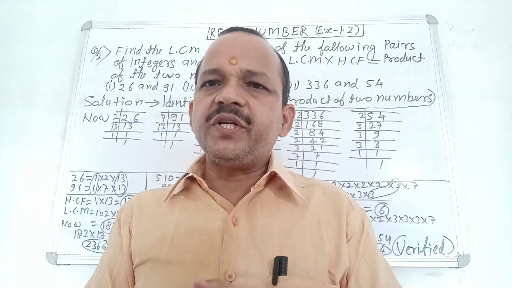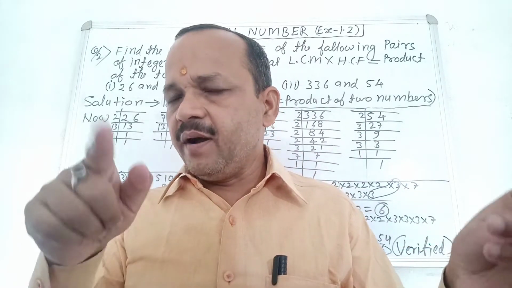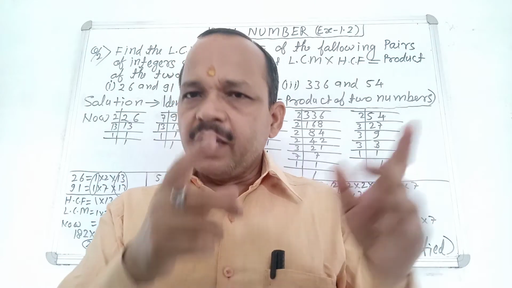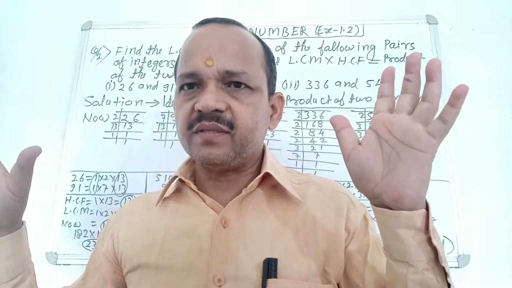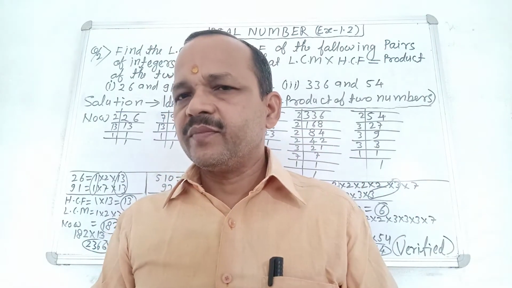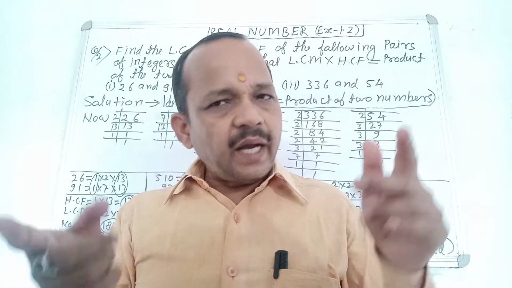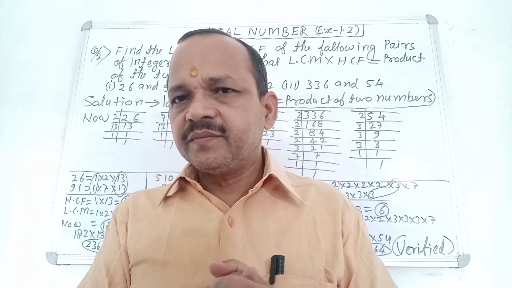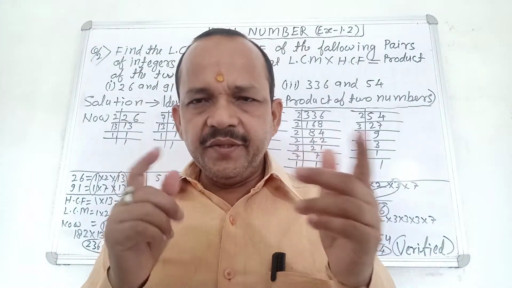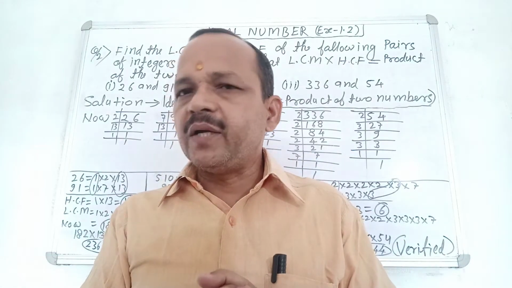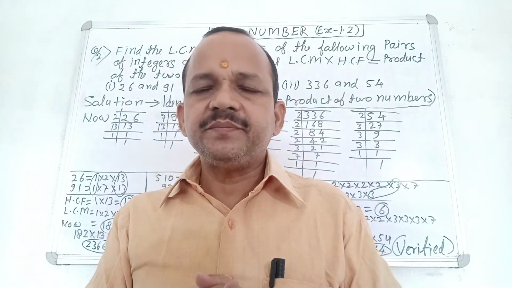Here I want to describe verification of identity. LCM multiply HCF equal to product of two numbers. It is an identity. Clear? Firstly, you find the LCM of the given numbers and then find the HCF of the given numbers, and then put the values of LCM and HCF in the identity.